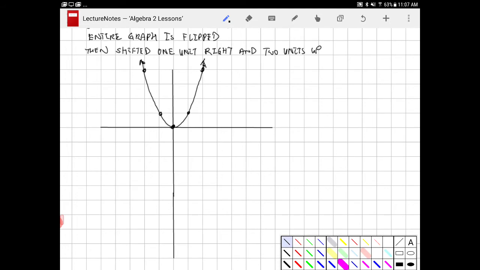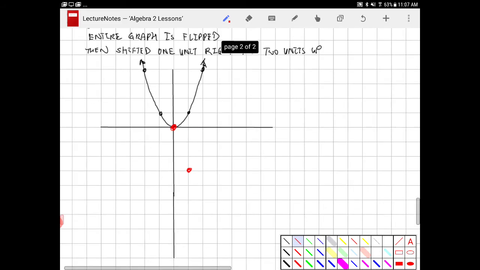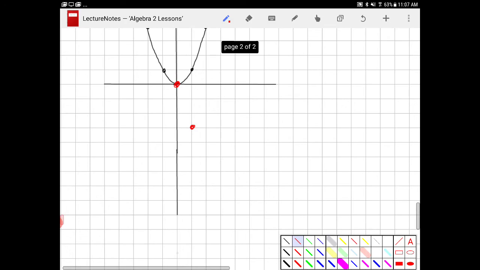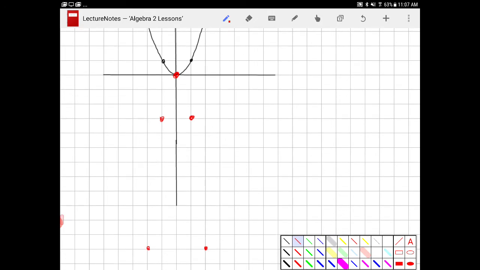So how will that look? It's going to look like this. So the vertex is originally at 0, 0. And then it's going to look like this. I'm going to go down to 12. So 2, 4, 6, 8, 10, and 12 is right here. So we have a really stretched out graph.